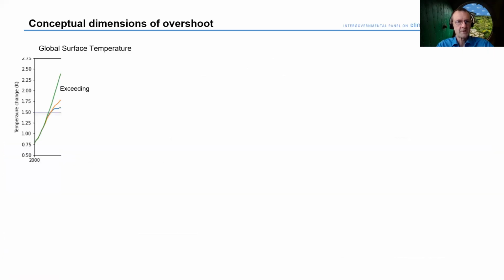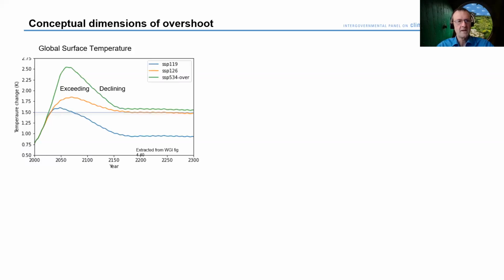So just very quickly looking at what does it mean to overshoot and what does it mean for emissions. Here's a number of illustrative pathways that don't all limit warming to 1.5 degrees in the long run, that just illustrate different amounts of overshoot, different durations of overshoot and different levels of overshoot. So the blue pathway is what's commonly called a 1.5 degree pathway with no or limited overshoot.